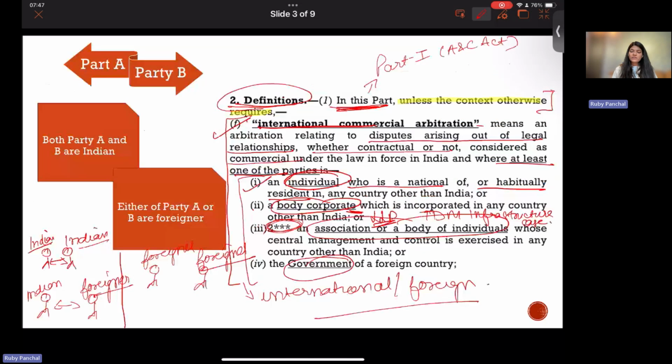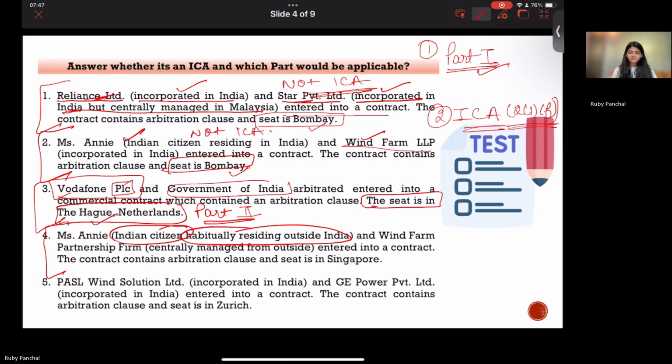That disqualifies her for point number 1 here, which is an individual who is national of or habitually residing in a country other than India. She is residing outside of India. And Wind Farm partnership firm, centrally managed from outside India. Note that it's a partnership firm, hence not a body corporate.